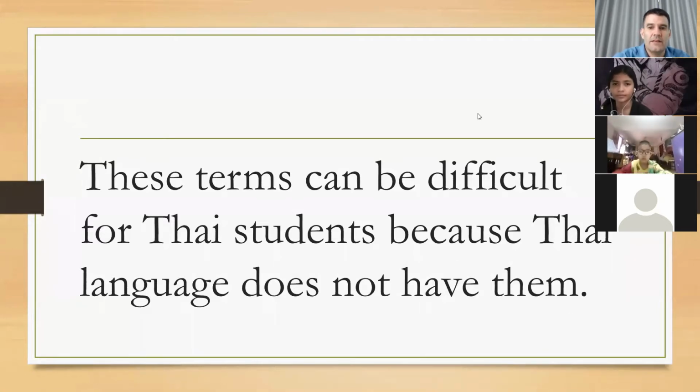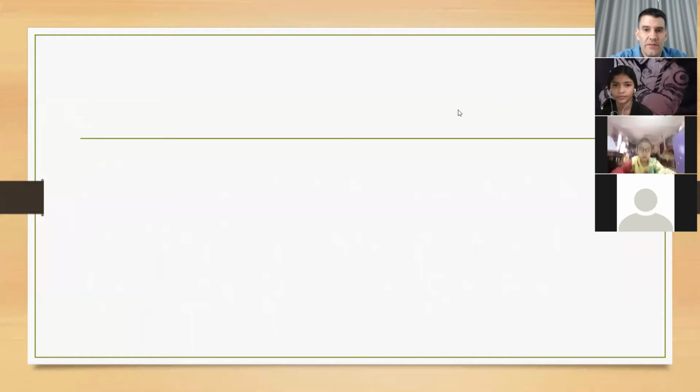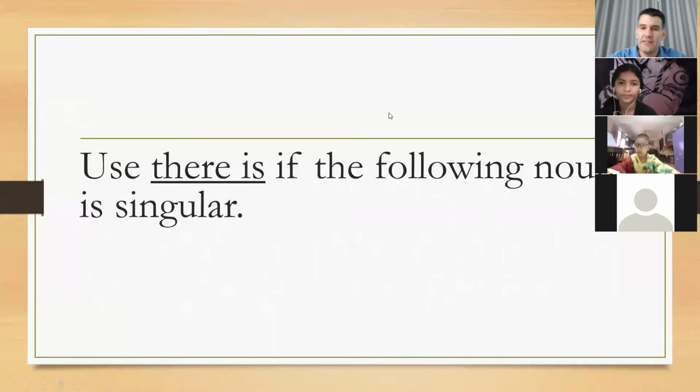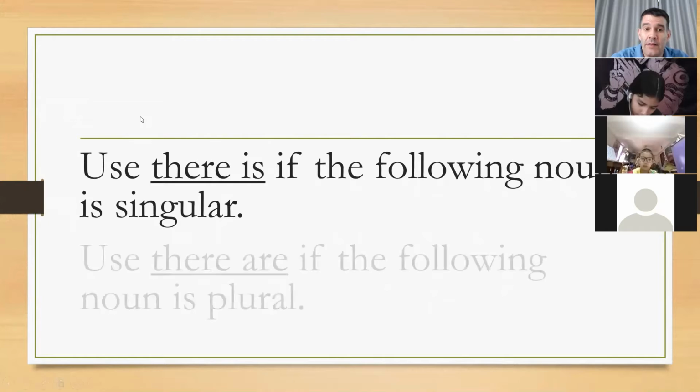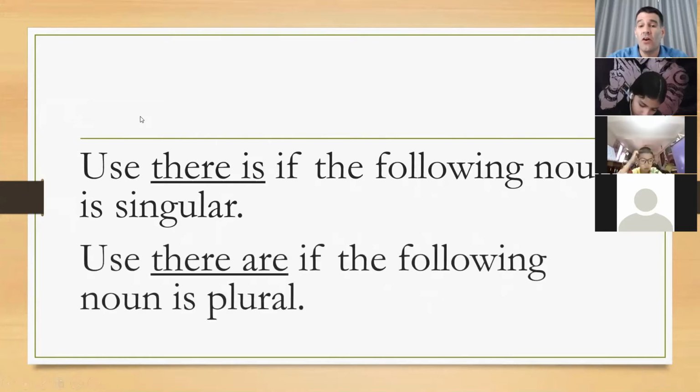Okay, so first part, there is and there are. There is if the noun that you are talking about is singular. If there is one, then there is. If it is plural or there is more than one, then you use the term there are.